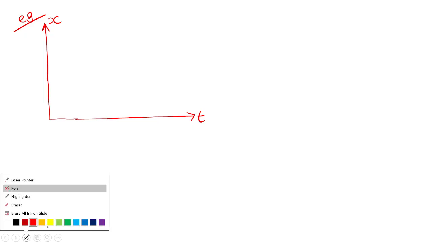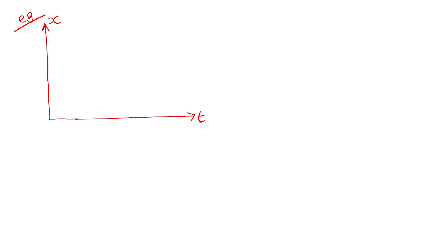There is a position time graph given to us like this. The question is like this: describe the motion. Most of the questions are graph related. Okay, describe the motion.